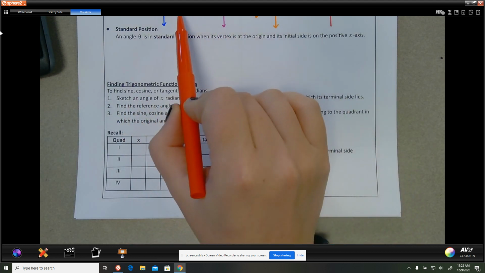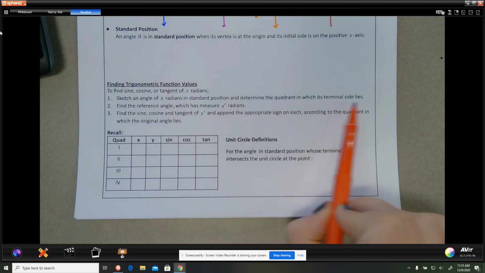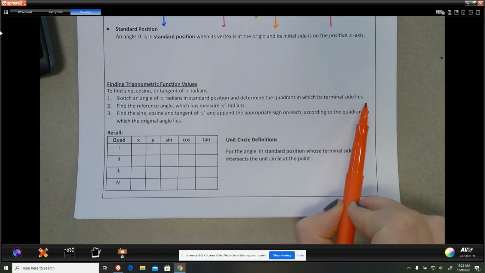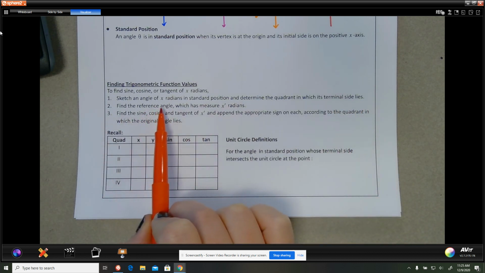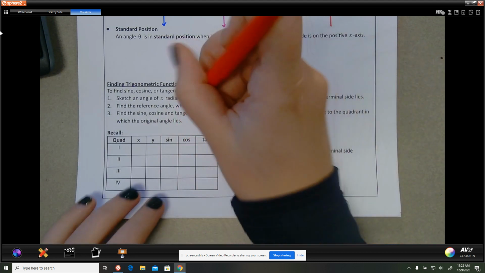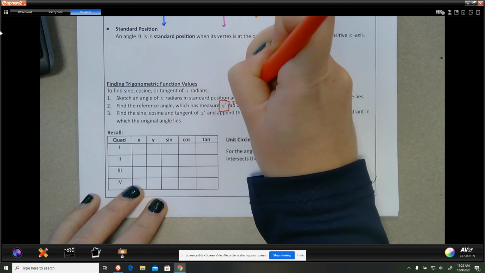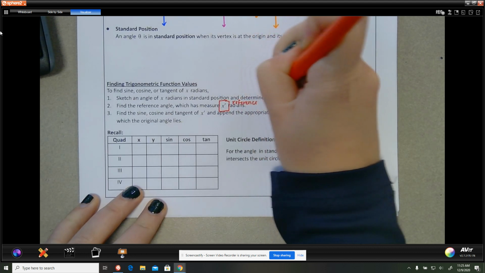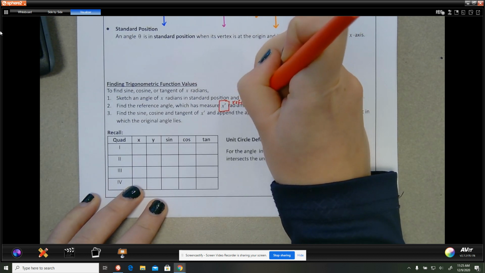So that's where we can potentially go all the way around the circle, standard position, and then determine what quadrant it lies in. So 1, 2, 3, or 4. Then find the reference angle. So what's the little angle that has the measure of x prime? We're going to call that the reference angle, x prime, and it should always be acute.